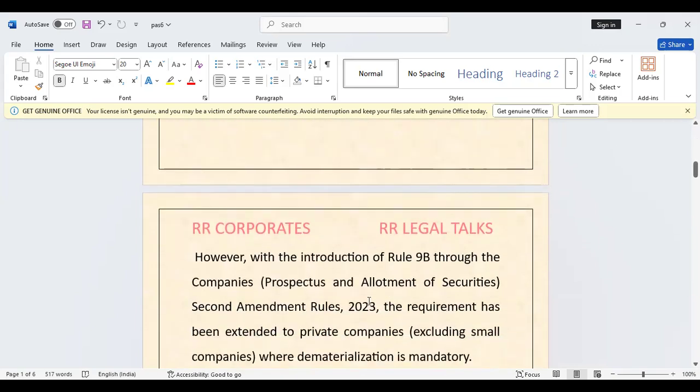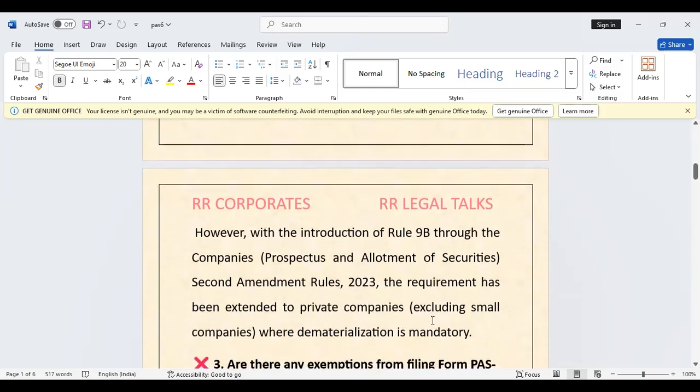Rule 9B was introduced through the Companies (Prospectus and Allotment of Securities) Second Amendment Rules 2023, so the requirement has been extended to private companies, excluding small companies. Because now the due date for dematerialization of private companies is extended to 30th June 2025.